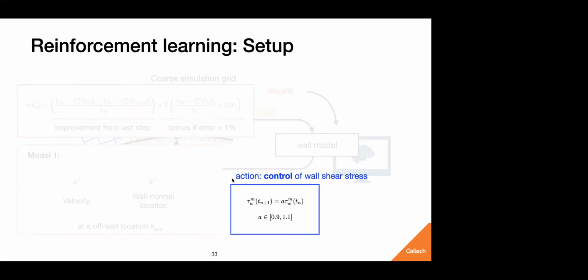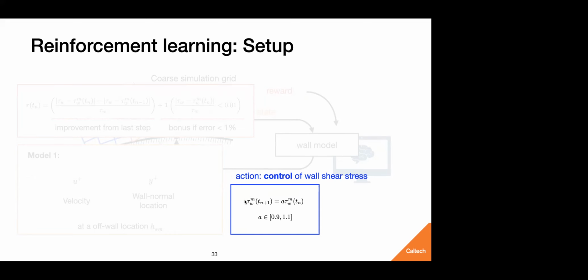For the action, we want to use it as a control parameter for the wall shear stress that you need out of the wall model. Reinforcement learning does best when it is a control policy. And it also works well because now you don't have to predict something that you don't know. You just need to know whether you should increase or decrease it. So the action, which is A, is going to act on our previous prediction of the wall shear stress and choose either to increase or decrease it at the next time step.